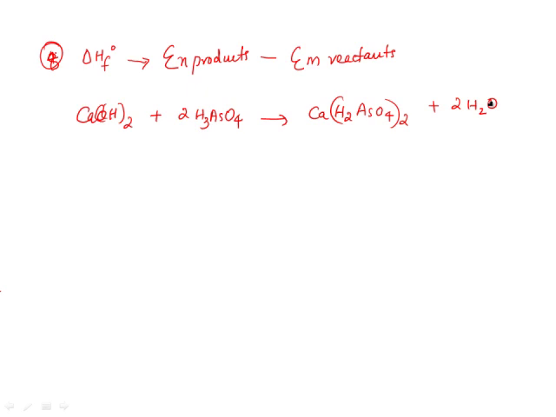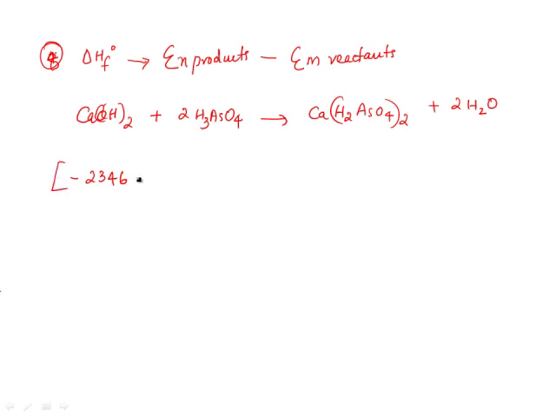Now I'm not going to copy the table right now. For each of those 4 species, I have given you the values with the sign. These are your products, these are your reactants. So the product numbers first: Ca(H2AsO4)2, the number is given as negative 2346. There is only one of them, so we use that number only once.